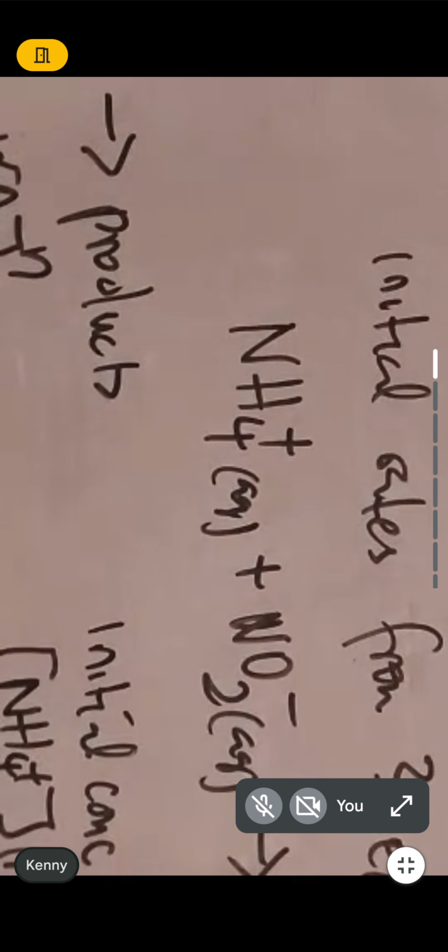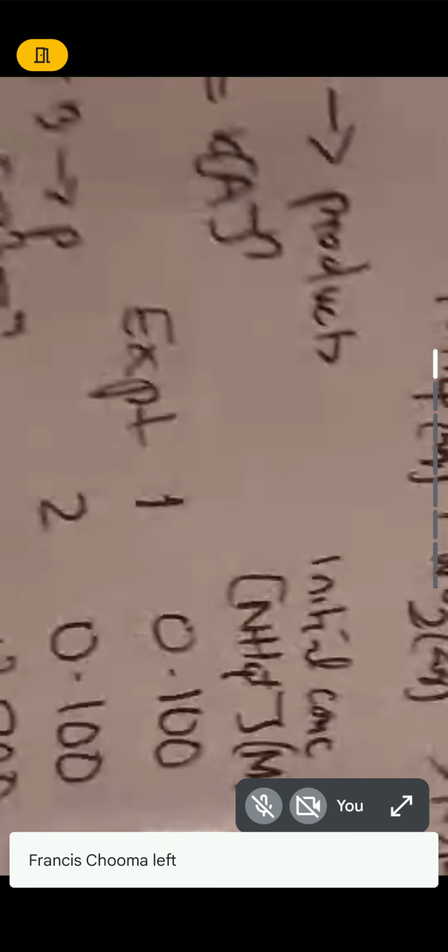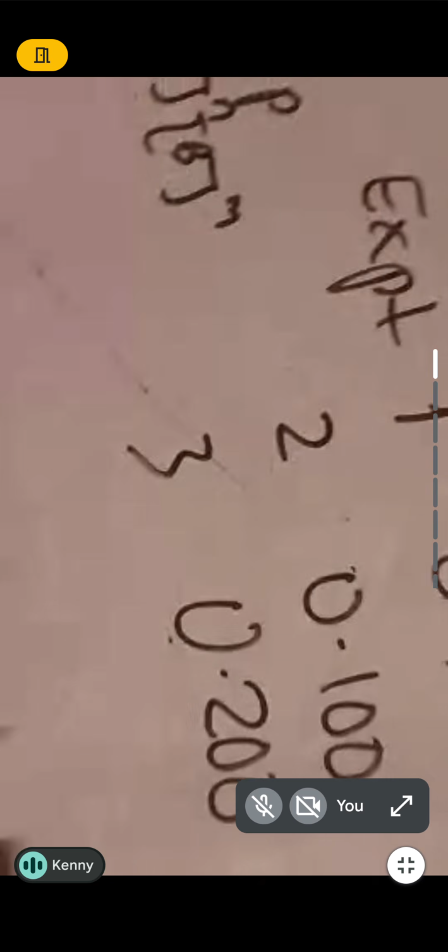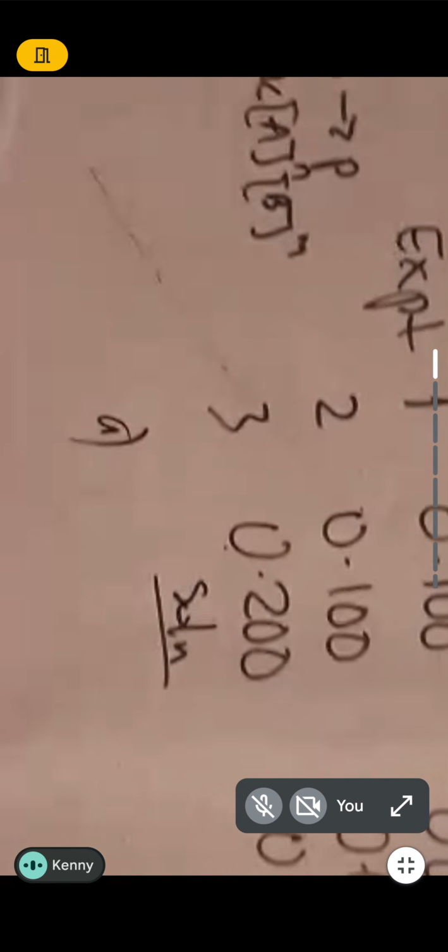So which is the case here? In this case, we know that there are two reactants, so we have n and m. Okay, so solution. We want to determine the rate law. So now it will be A.